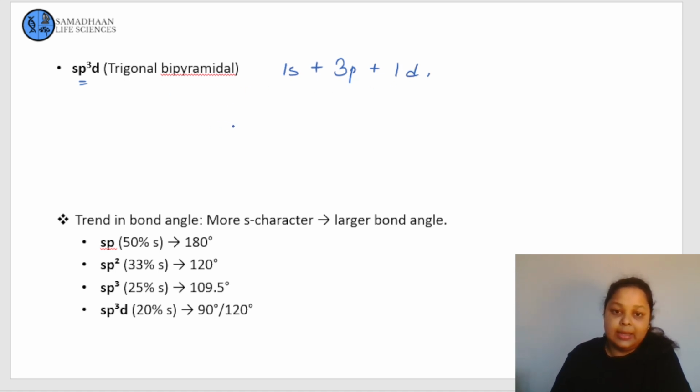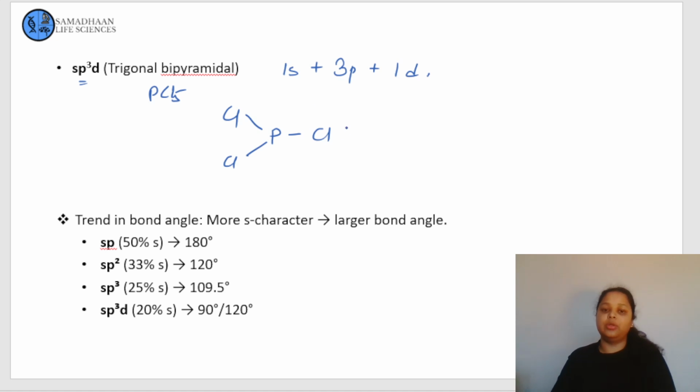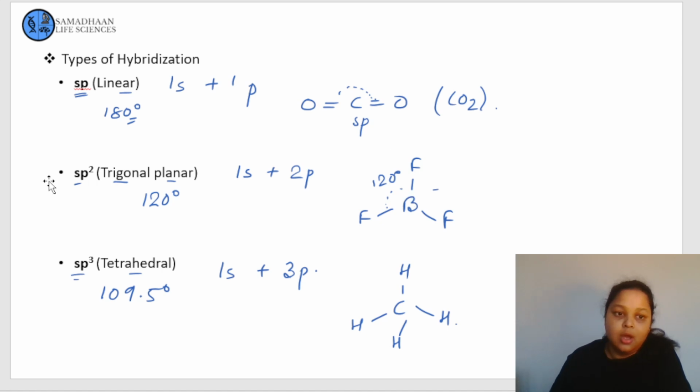And the last one we will discuss here is sp3d hybridization, overlapping of one s, three p and one d orbital. We can take the example of PCl5. The central atom is phosphorus. Three chlorines are here in trigonal geometry. All of these are in the same plane and the bond angle between them is 120 degrees, same as BF3.